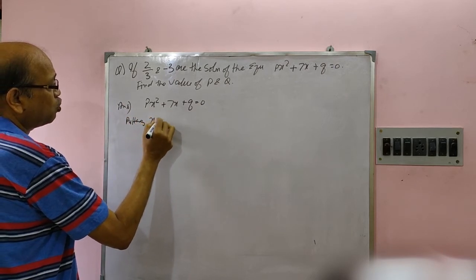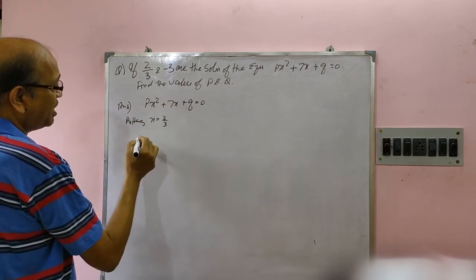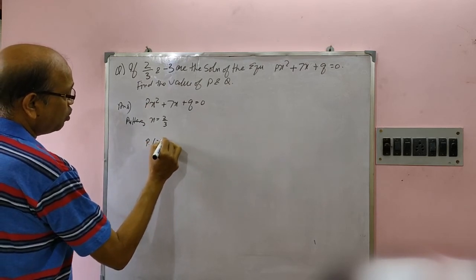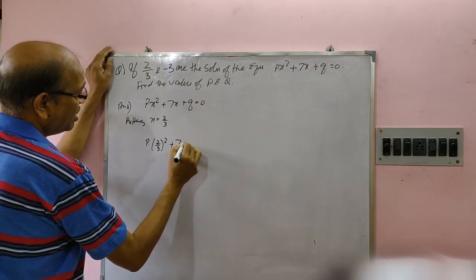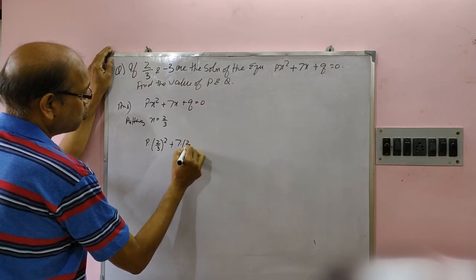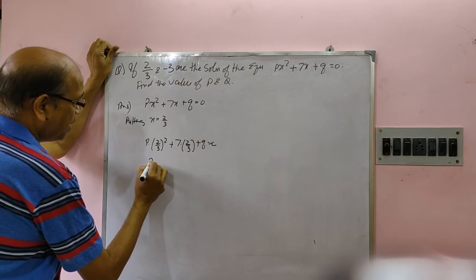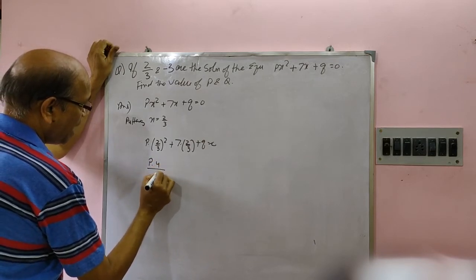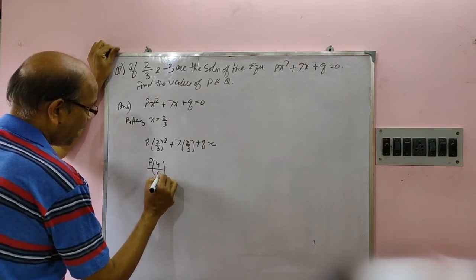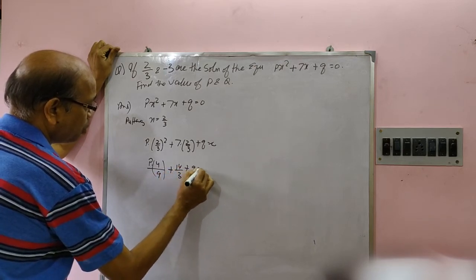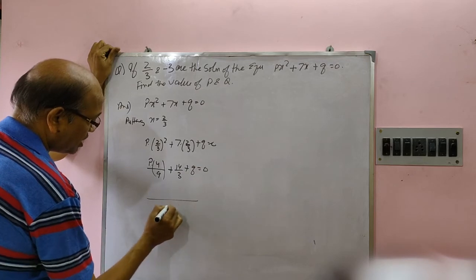Putting x equals 2 by 3, what do we get? We get p into (2 by 3) whole squared plus 7 into 2 by 3 plus q equals 0, or p into 4 by 9 plus 14 by 3 plus q equals 0. Let us take out the LCM 9.